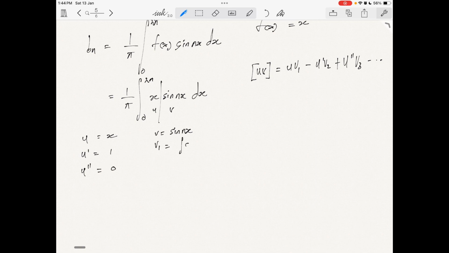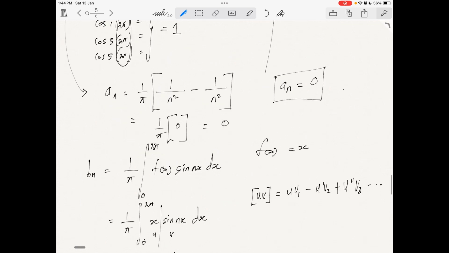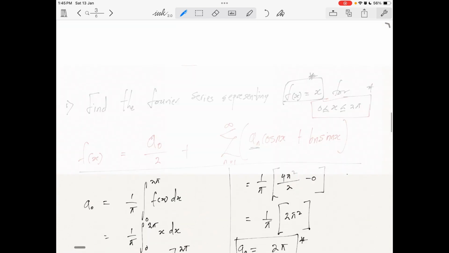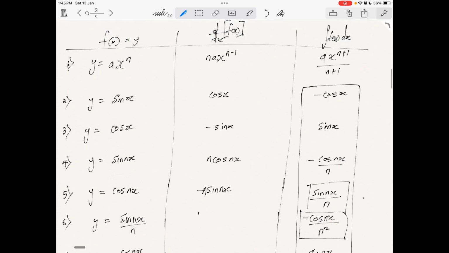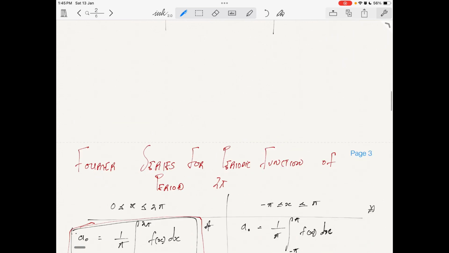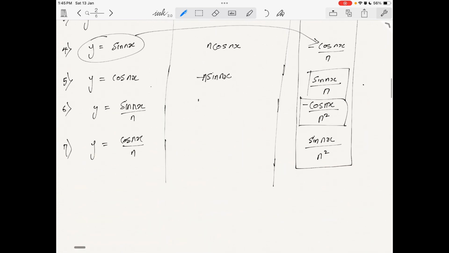v1, which is integral of sine nx dx. Okay, when we go back to the video of integration, sine nx, we'll have minus cos nx over n. And when we want to integrate cos nx, we'll have it to be sine nx over n squared.